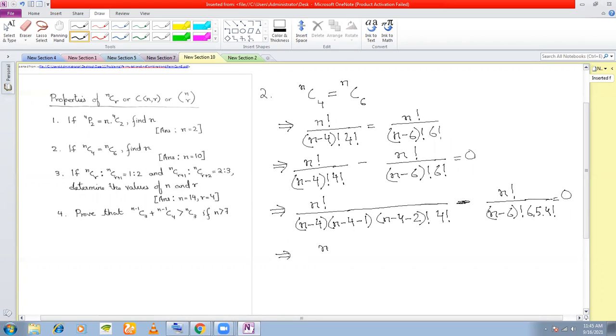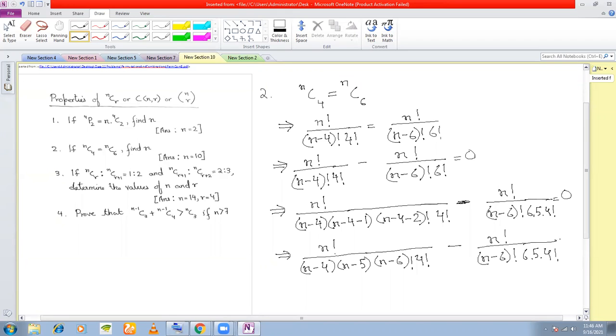So now you get factorial n by (n minus 4) into (n minus 5) into (n minus 6) factorial into 4 factorial minus factorial n by factorial n minus 6 into 6 into 5 into factorial 4.